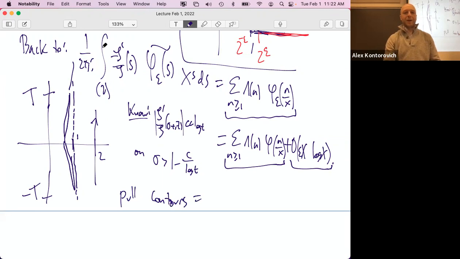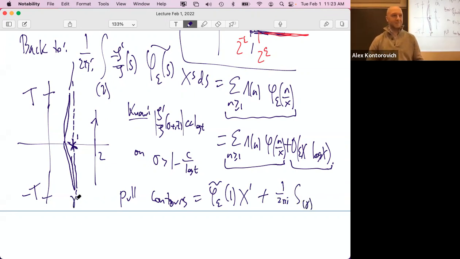Getting that this whole thing is equal to, now I'm going to get a residue. I have a pole. I pulled through this pole, so I'm going to get a residue. The residue is still psi tilde of 1 times chi tilde epsilon of 1 times x to the 1, plus an integral over this curve gamma. So far, so good.